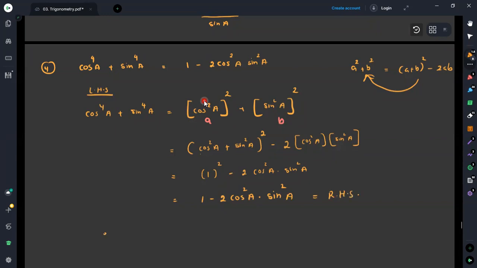Therefore, cosine A to the power 4 plus sine A to the power 4 equals 1 minus 2 times cosine squared A times sine squared A. This is what we have proved.